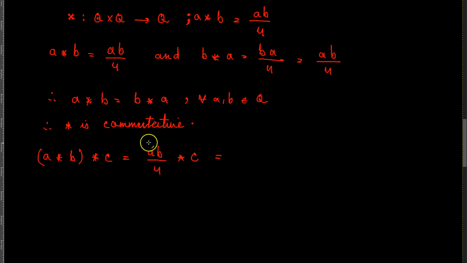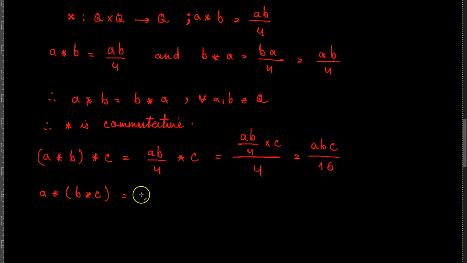So the first number is A times B divided by 4 times C, and then divide that by 4, which gives you basically ABC divided by 16. Now A star B star C is the same thing as A star. Now B star C would be BC divided by 4.